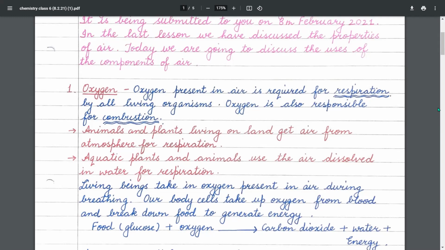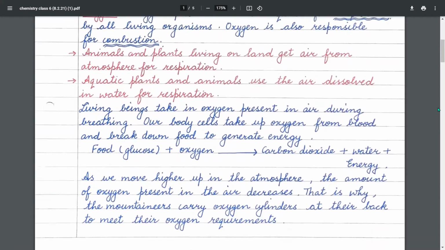Our body cells take up oxygen from blood and break down food to generate energy. This process is called respiration. So, food in the presence of oxygen gives carbon dioxide, water, and energy.